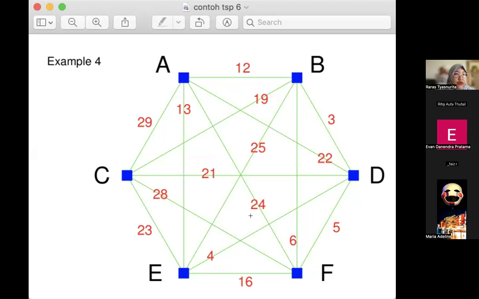If I want to start from the initial, for example, the depot is A, and go back to A, what is the minimized route I can take from A to A?